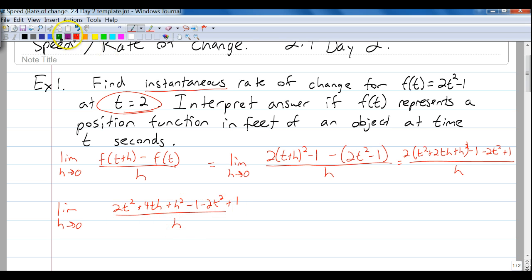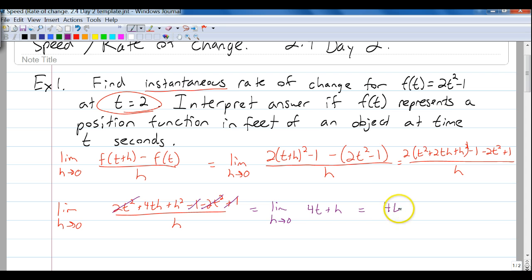I can cancel out the 2t squareds because they add and subtract to 0, and same with the negative and positive 1. Then I can cancel an h out, so I'm left with the limit as h approaches 0 of 4t plus 2h. So when h goes to 0, we get that.